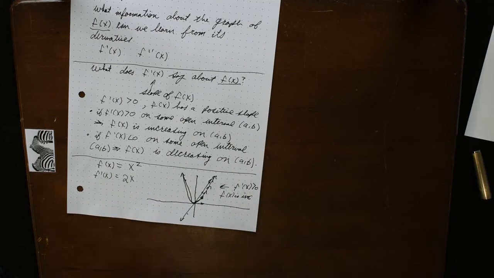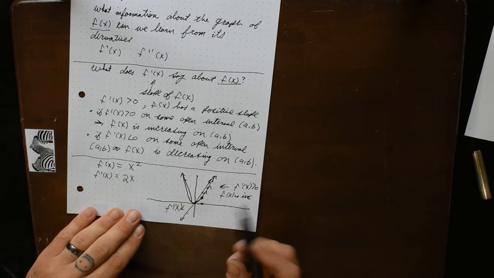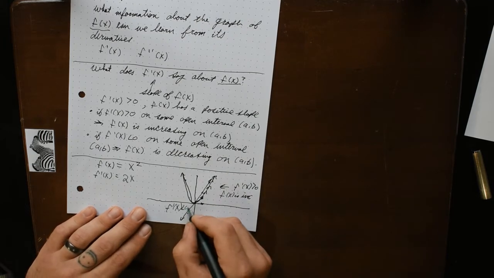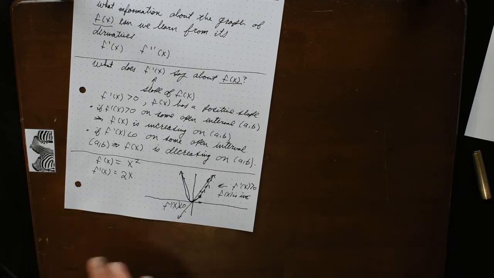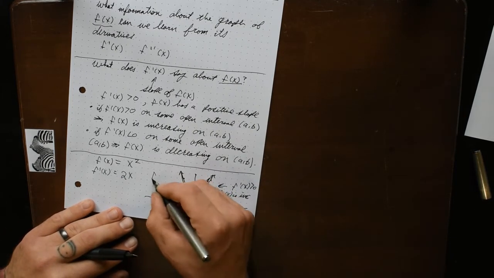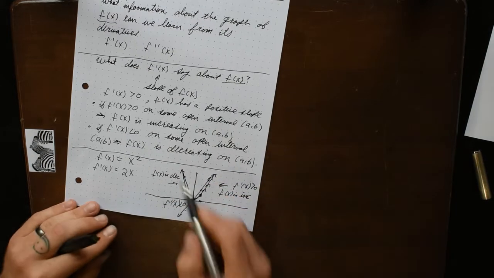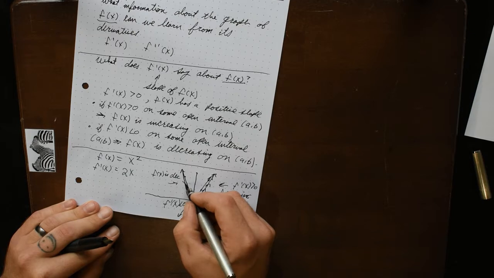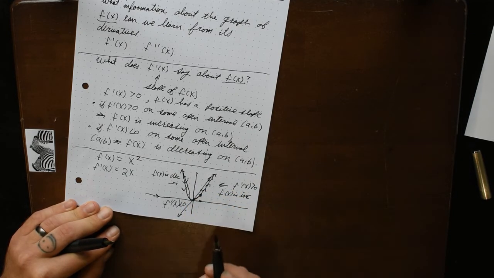Over here, f prime of x is now negative, and what it says is f of x is decreasing. The values of y are going down as our values of x are increasing.